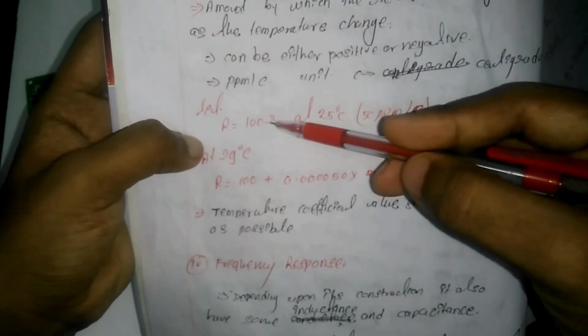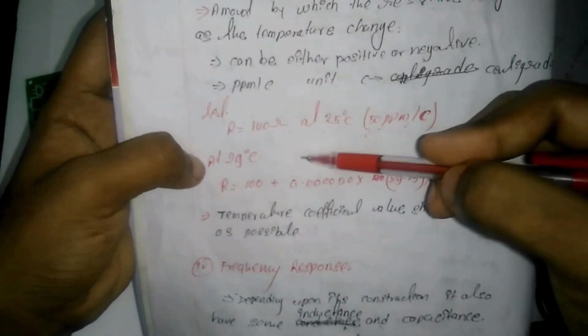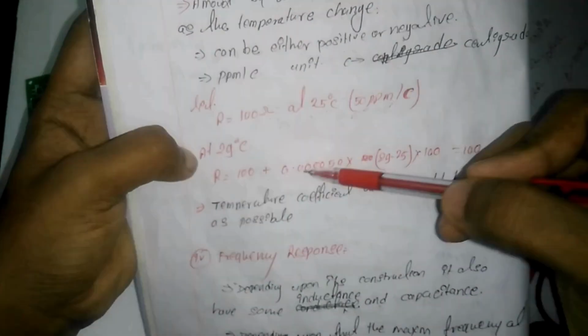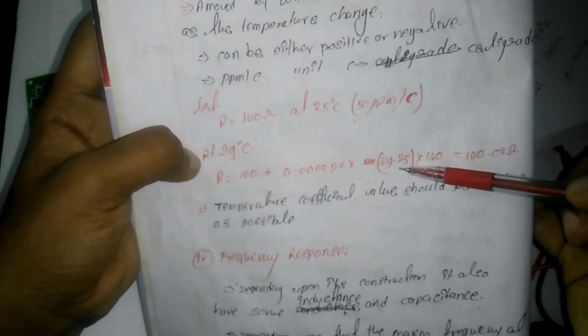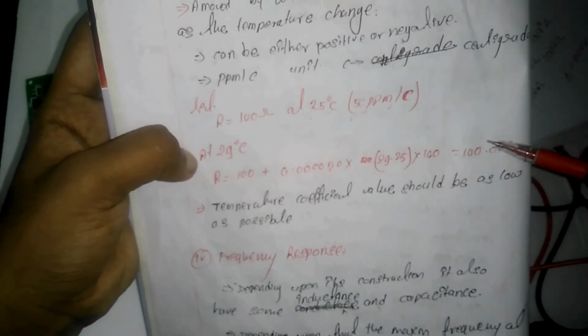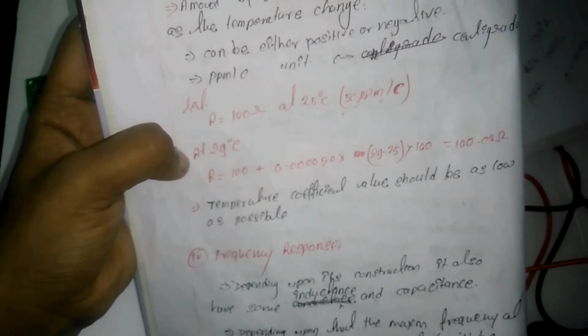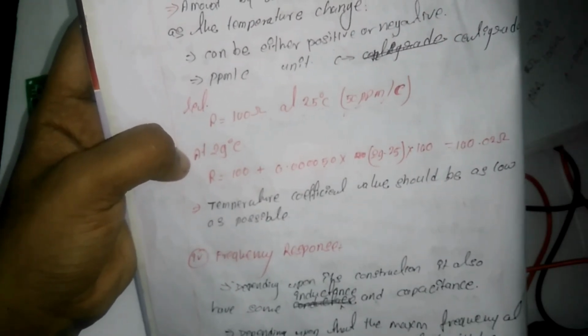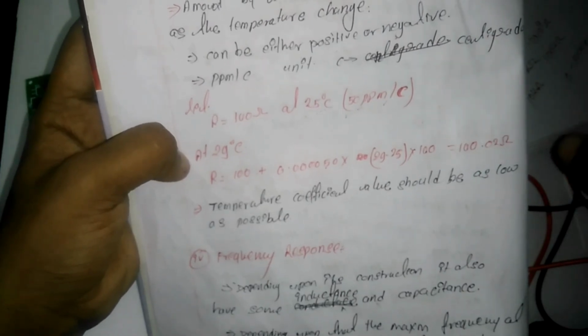If R equals 100 at 25 degrees, with 50 ppm per degree, then at 29 degrees the value is 100 plus 50 ppm times (29 minus 25), the temperature change, times 100, and that is our resistance value. Actually, this temperature coefficient is generally for large changes of temperature. It's not used for small changes of temperature.